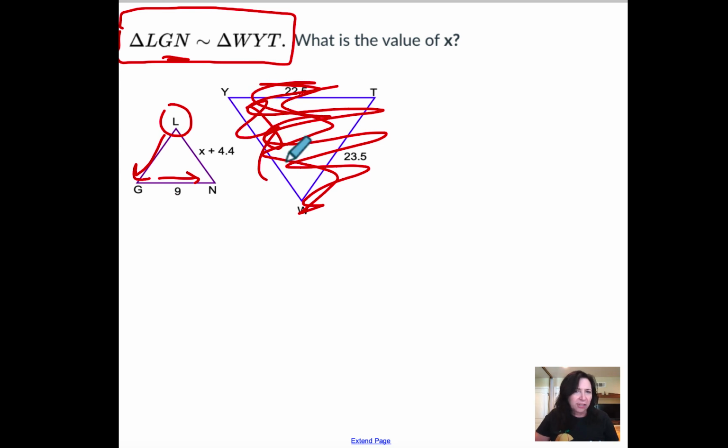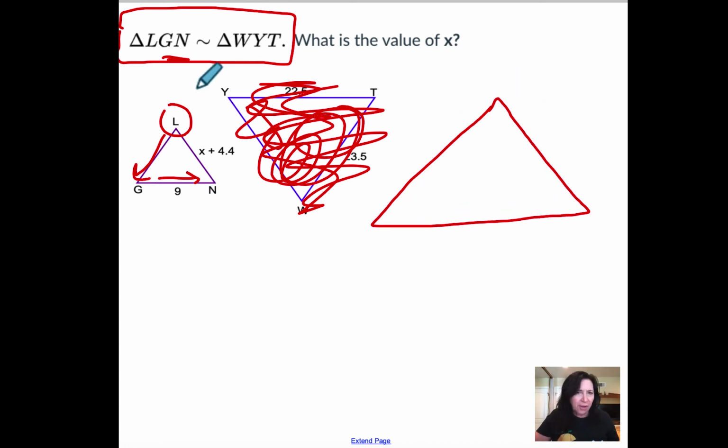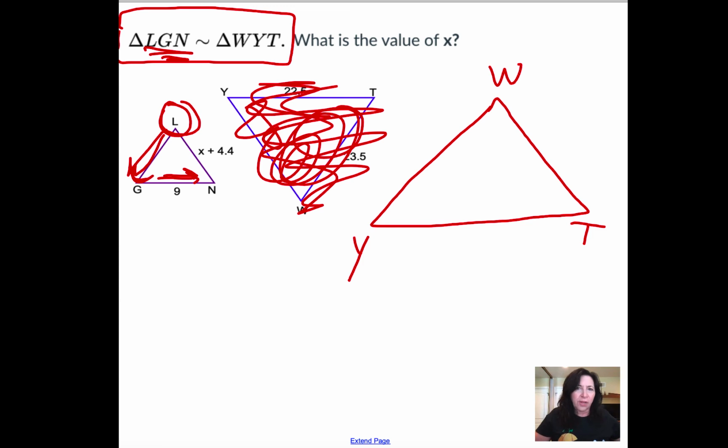I'm going to cross that out just for a second, because when I make my second triangle, it has to follow the same pattern, okay? So if this goes L, then G, then N, this is going to go W, left, Y, right, T. All right, that's what you have to know.